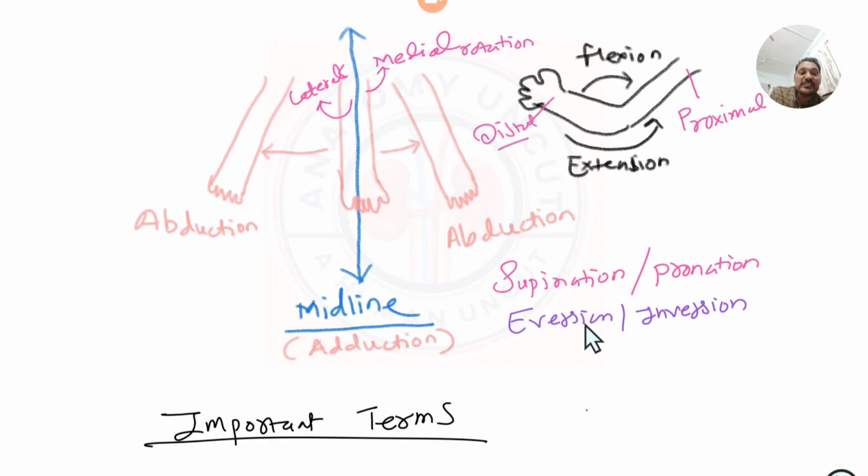So these two terms are used in the lower limb, and the other two are used in the upper limb, and there are special movements. You have to be very particular when you study supination and pronation later on, or eversion and inversion. You have to know what muscles produce them. So keep an eye on these two terms.